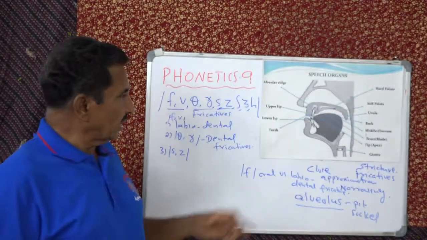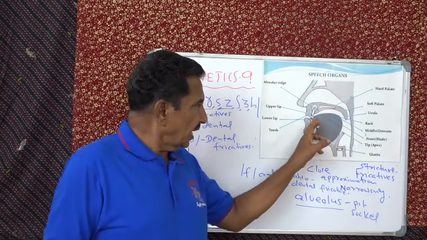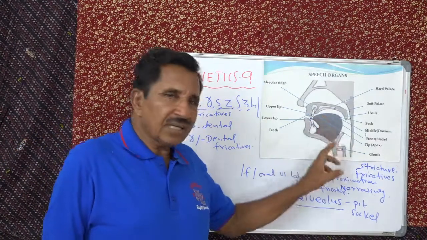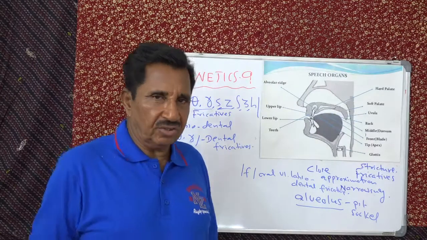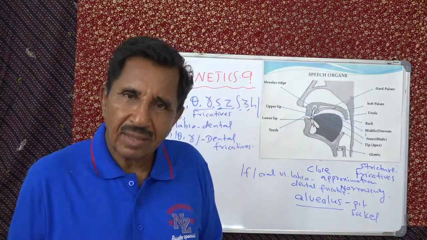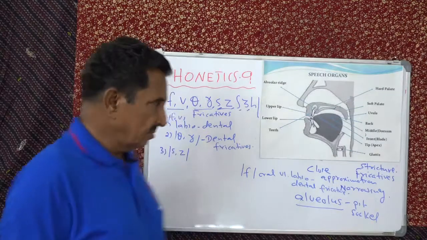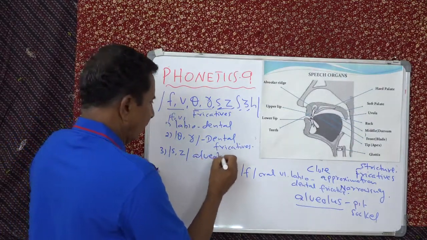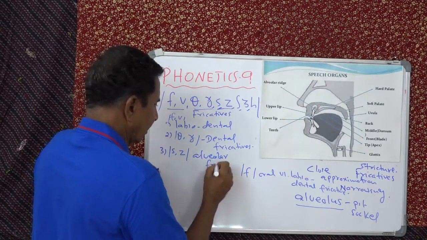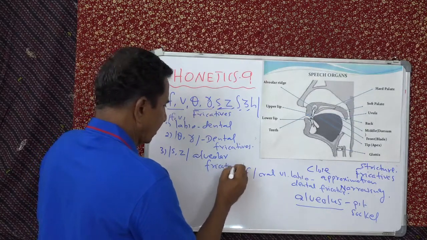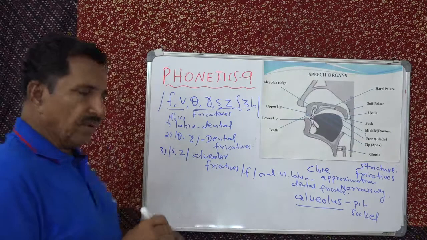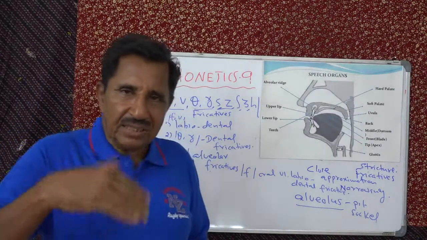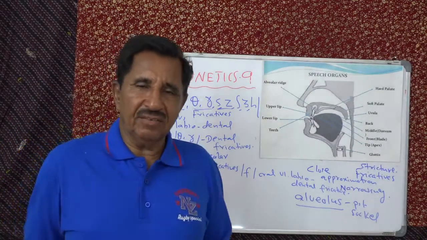So here what happens is the front and the blade of the tongue are raised towards the alveolar ridge. So you call them alveolar fricatives. That's all. Alveolar fricatives. Understand? Because the narrowing is done by the tongue and the alveolar ridge.